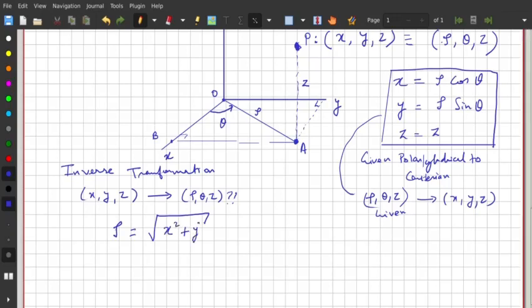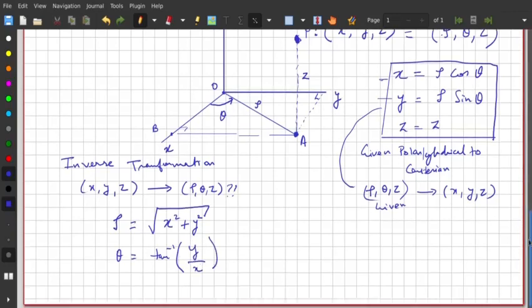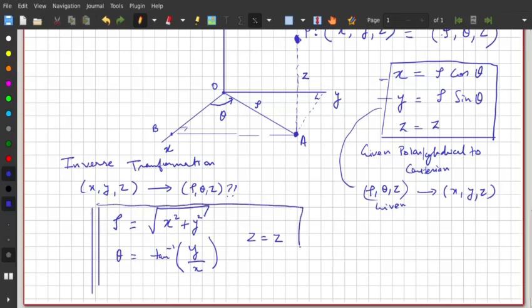That's rho. What is theta? If you divide the second equation by the first, we get tan theta, which is y over x, and z stays as it is. Okay, so these are the inverse transformations.